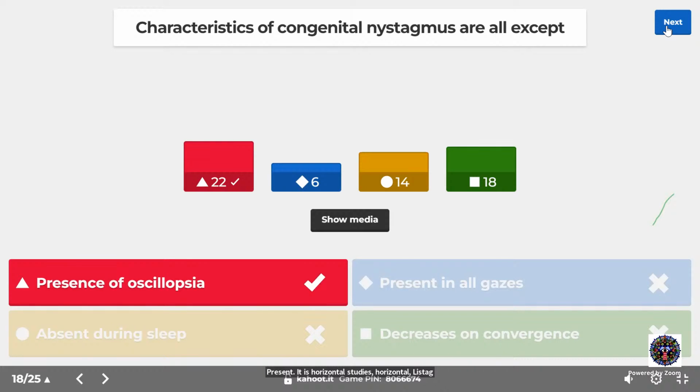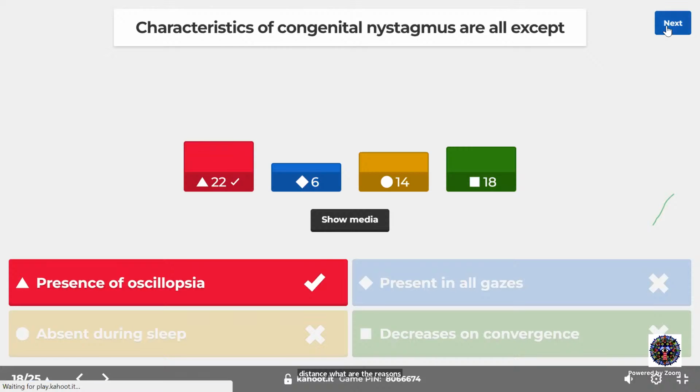Oscillopsia is a classical symptom of an acquired nystagmus. It never occurs in a congenital nystagmus. A congenital motor nystagmus typically decreases on convergence. If you take a pen and bring it close to the nose, typically the nystagmus disappears. So that is very classical. Oscillopsia is a symptom of an acquired nystagmus, whatever the reasons may be.